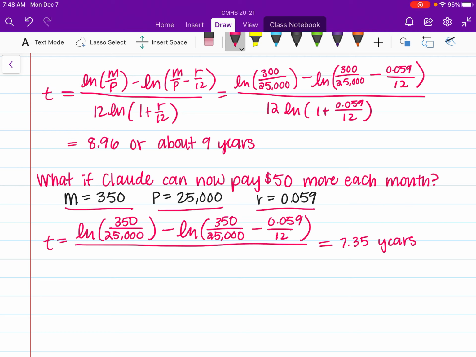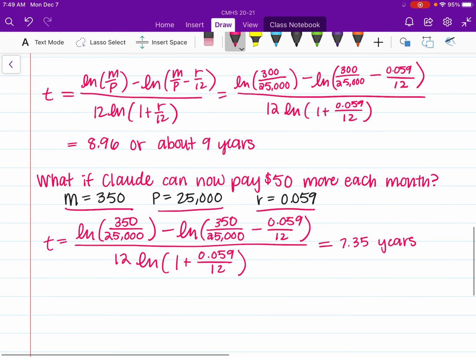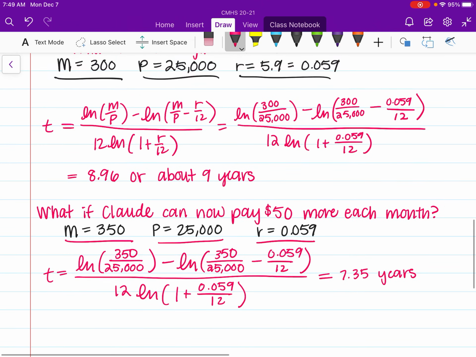That's on the top. On the bottom, we have 12 times natural log 1 plus 0.059 over 12. And that, my friends, gives him a shorter time of almost 7.5 years. So now he's not going to be paying for 9 years, only 7. So you can see that the bigger your monthly payment is, the shorter your time is going to be. And if you have a long time, then your monthly payment will be smaller.